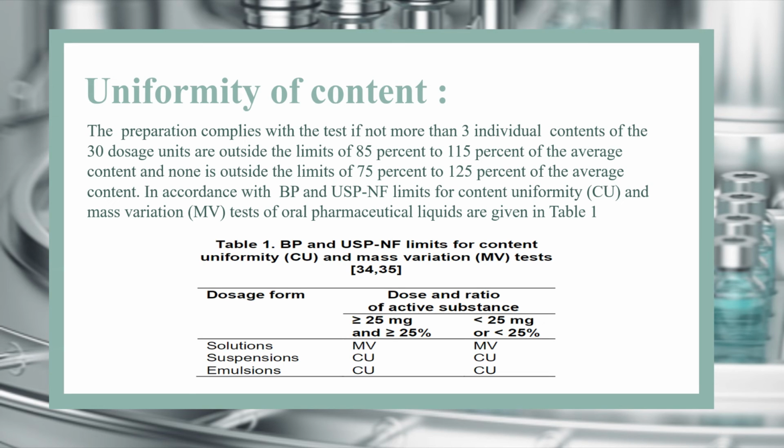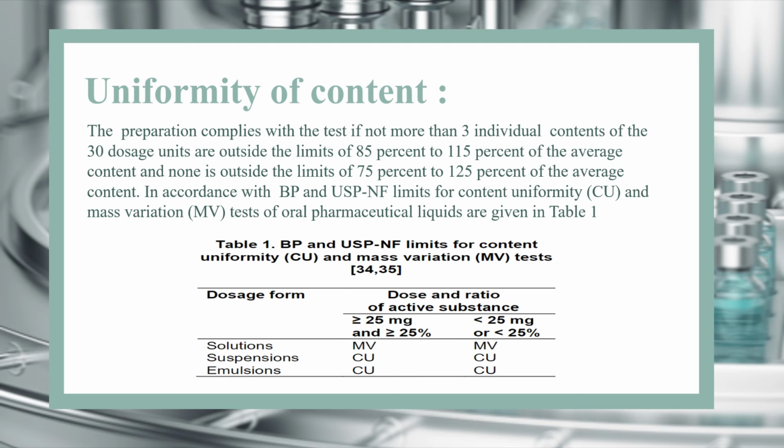The preparation complies with the test if not more than 3 individual contents of the 30 dosage units are outside the limit of 85% to 150% of the average content, and none is outside the limit of 75% to 125% of the average content.